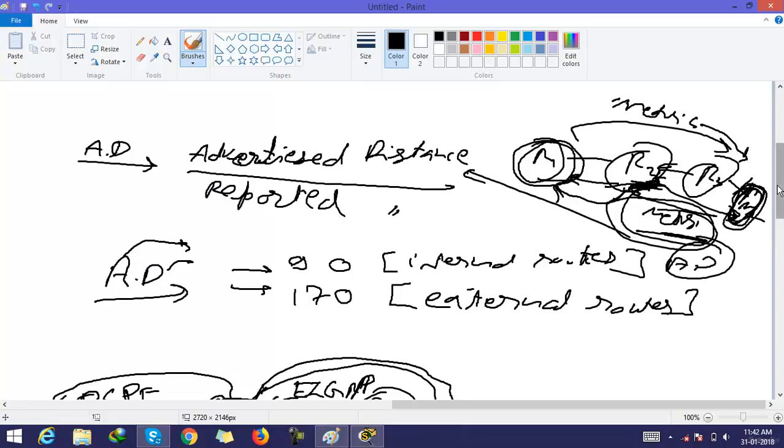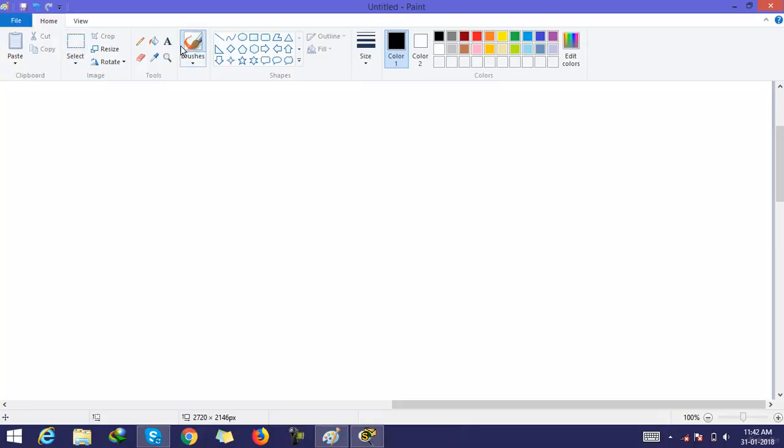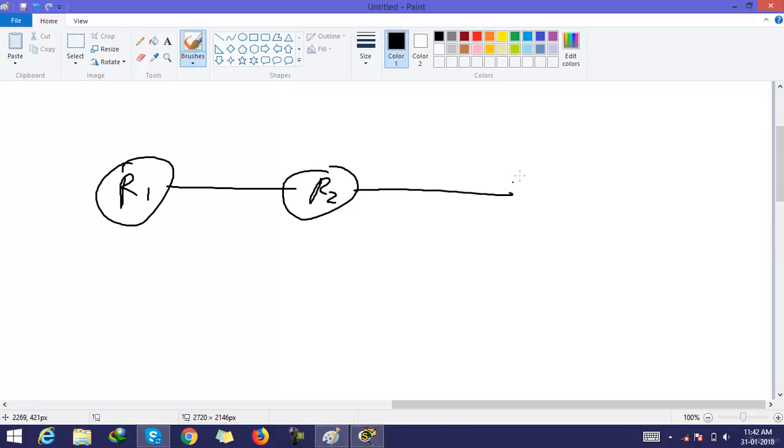For example, this is R1, this is R2, this is R3, and here is the network.